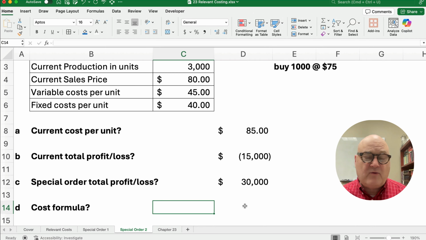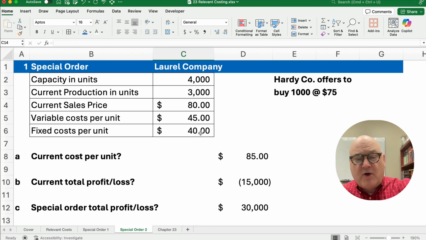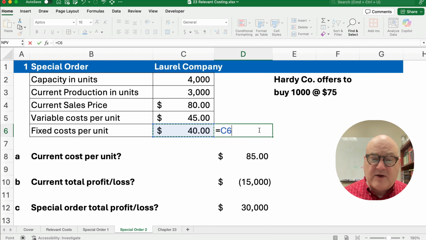What is the cost formula here? Well, the cost formula is going to be, if we took the total fixed cost, in fact, we can figure this out. The total fixed cost is going to be the fixed cost per unit times the units of production.